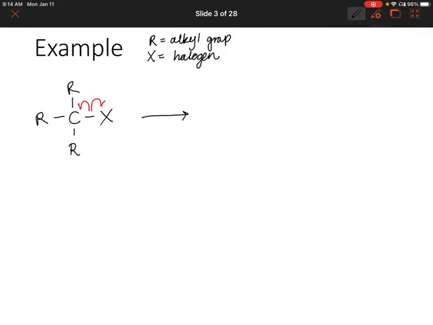What we'll end up with is a carbon atom that still has its R groups, and I'm going to show this from the side of the carbon atom. And then it actually will end up with a p orbital that has a single electron in it.